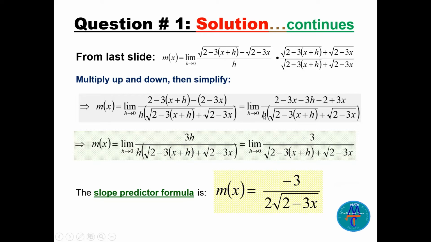And here we have the h outside with this bracket, so we can cancel the h. So m of x will be minus 3 over all this expression. We find the limit as h goes to 0. We can replace h by 0. So we will get minus 3 divided by 2 square root of 2 minus 3x. This is actually the derivative, which we'll see in the coming lectures.